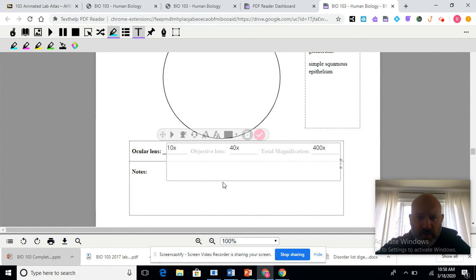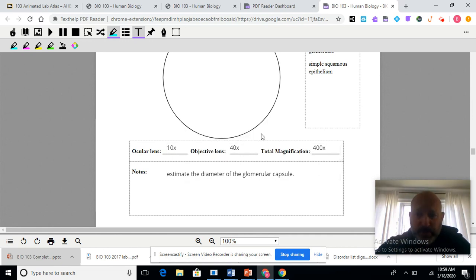And for the notes, what I would like is for you to estimate the diameter of the glomerular capsule. All right. That's pretty good. Remember to use units.